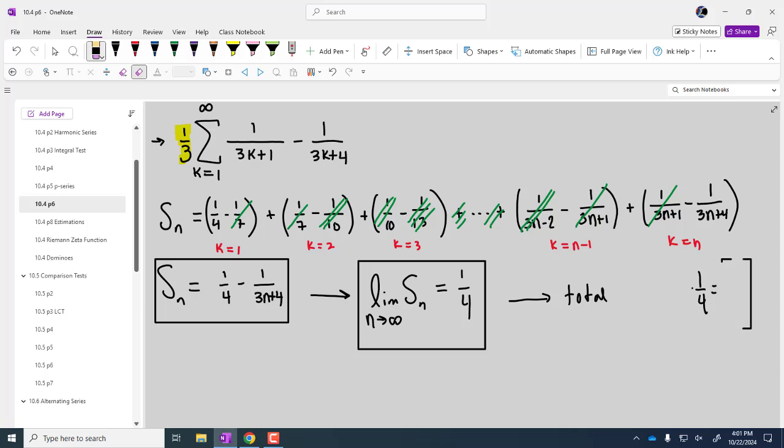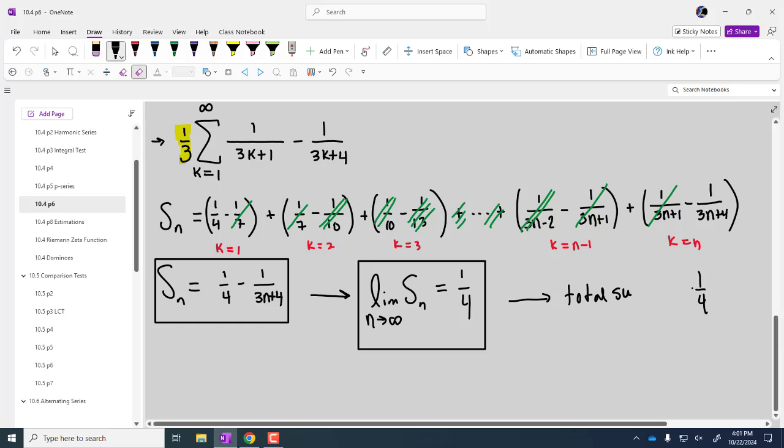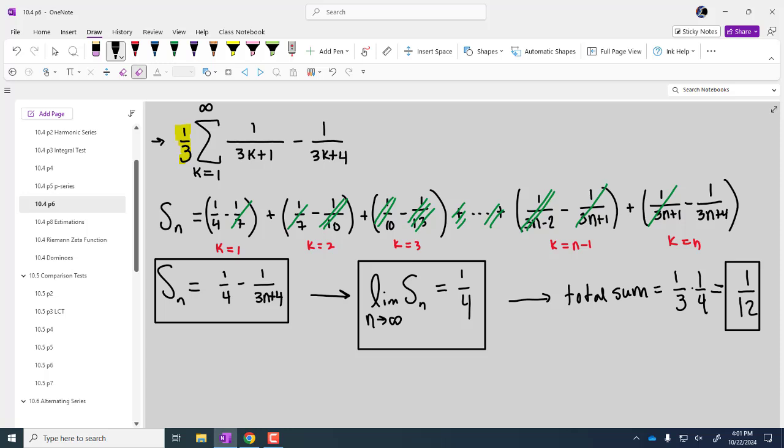I don't like 1/12 though. Total sum. What's wrong with them? Thank you, Harrison. Why does 1/12 keep showing up? Especially in sums, 1/12 seems like it's showing up an inordinate number of times.